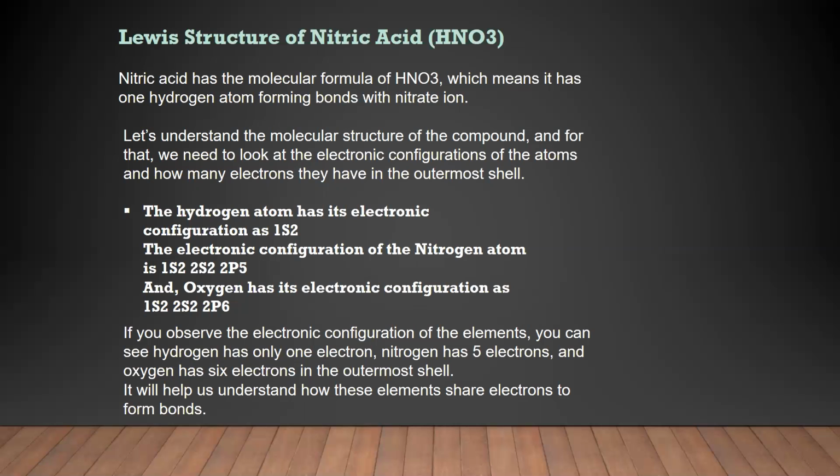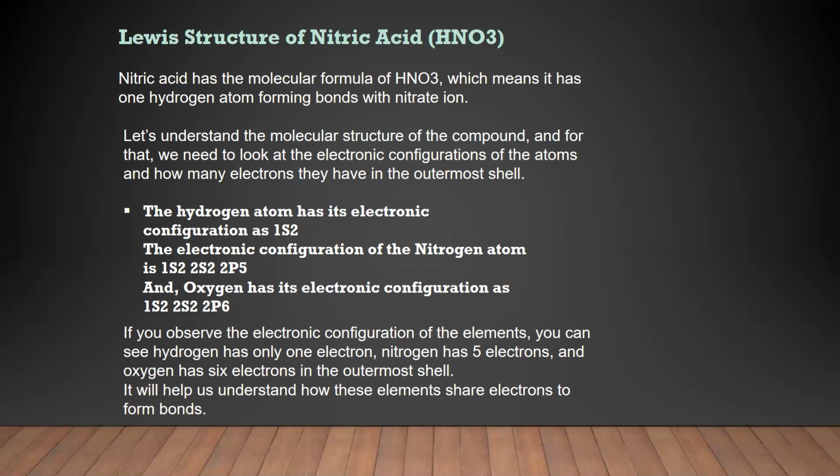Now we will discuss the electronic configuration of individual atoms in HNO3. Like hydrogen, its electronic configuration is 1s2. The electronic configuration of nitrogen is 1s2, 2s2, and 2p3. And that of oxygen is 1s2, 2s2, and 2p4.